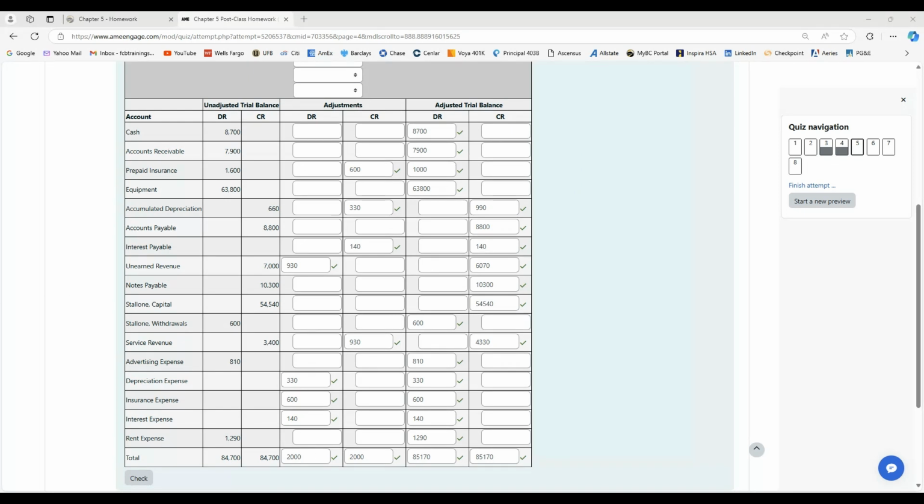But one thing I can see is if we started with 84,700 debit plus the debit adjustments, there isn't something adding up there. So it should end up with 86,700. So I am missing something. I just have to figure out what it is.